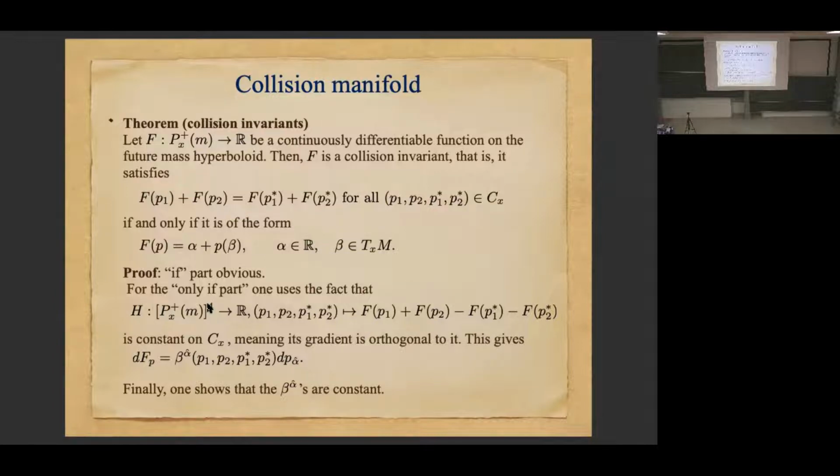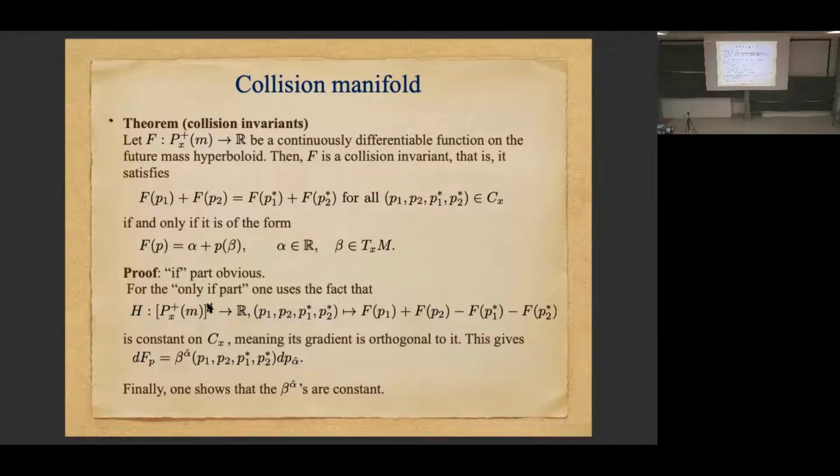So one way of proving this is that you look at p to the 4, so the mass hyperboloid, the 4 copies of that. So this function takes now these 4 momenta and just gives you fp1 plus fp2 minus fp1 star minus fp2 star. So this function by definition is constant on Cx, it's 0 on Cx.